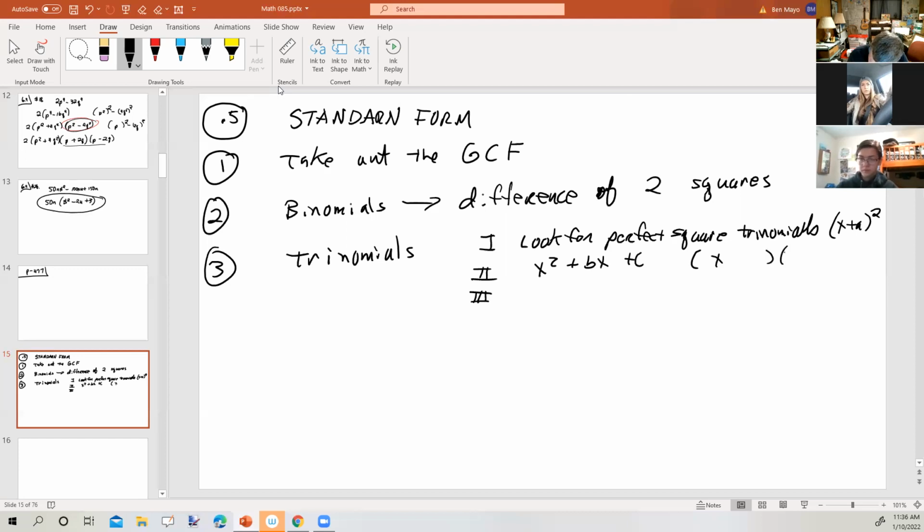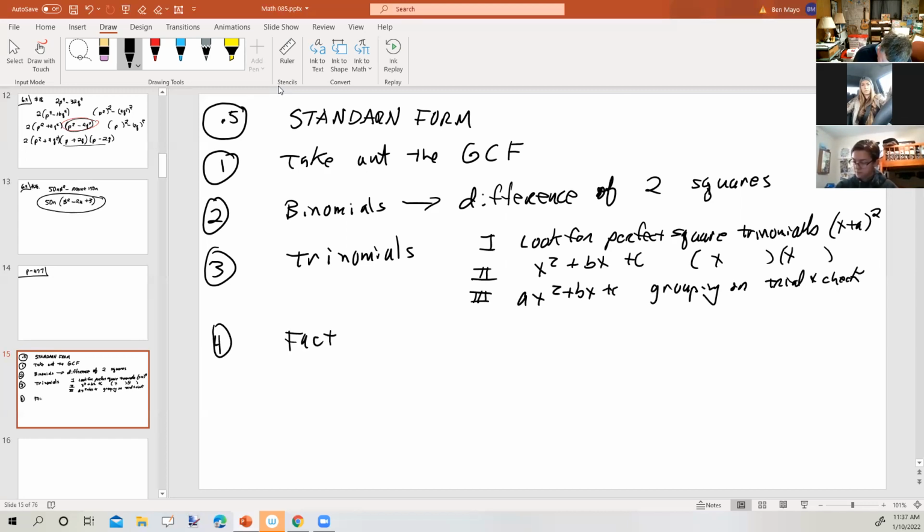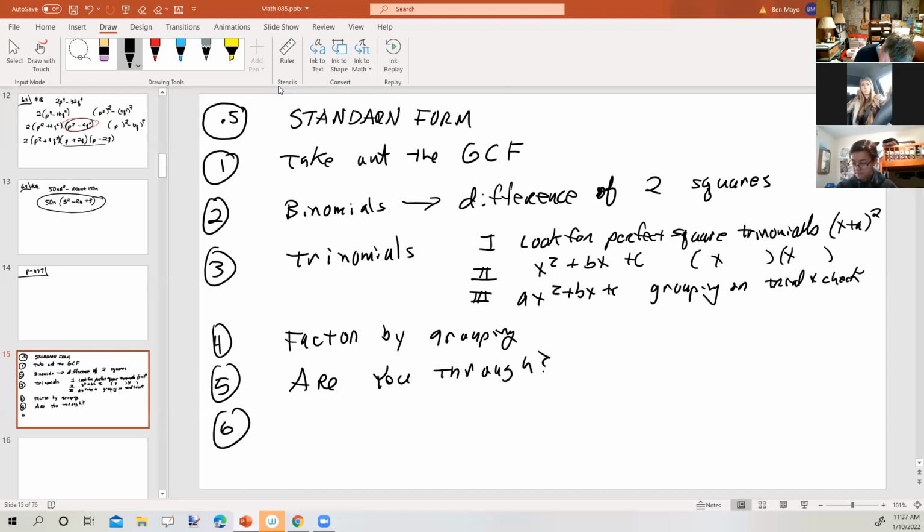And so you factor it, pulling apart that first term, and then you look for the product and the sum. And 3, ax squared plus bx plus c, and you're going to use grouping or trial and check. Step 4 is factor by grouping. Step 5 is, are you through? And step 6 is check your work.